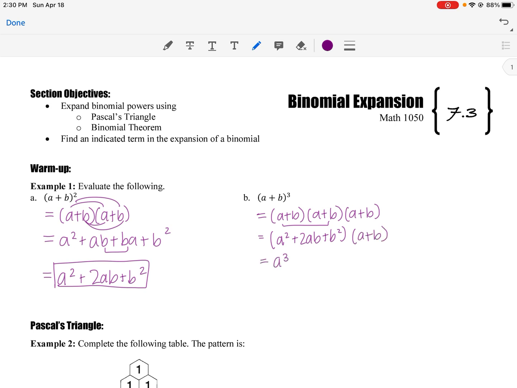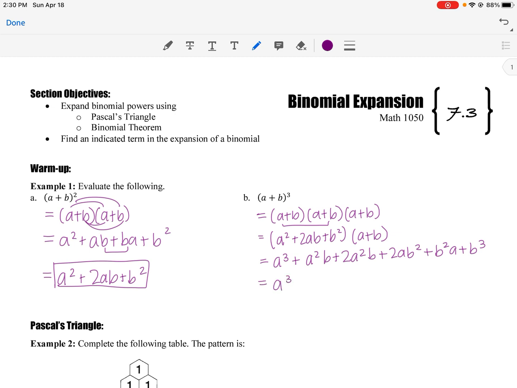So we get a cubed plus a squared b plus 2a squared b plus 2ab squared plus b squared a plus b cubed. I distributed and thought about it as a times both of those, and then this middle term times both of those, etc. You're also welcome to do the box.